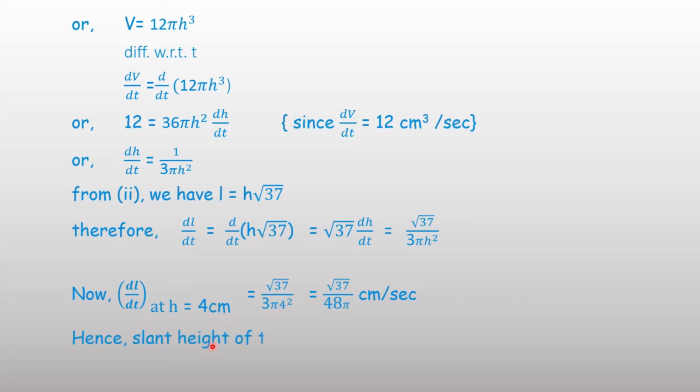Hence, slant height of sand cone is increasing at a rate of root 37 upon 48 pi centimeter per second. In the same pattern, also you can find the rate of change of curved surface area of sand cone or rate of change of volume of sand cone when h equals 4 centimeter.